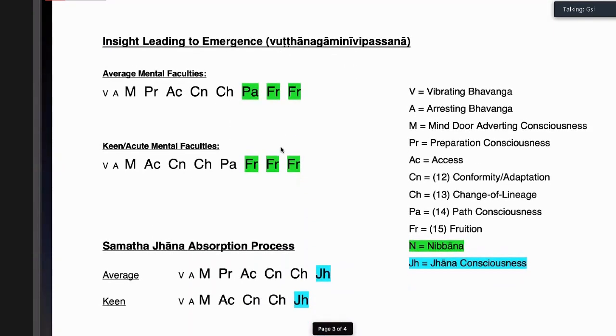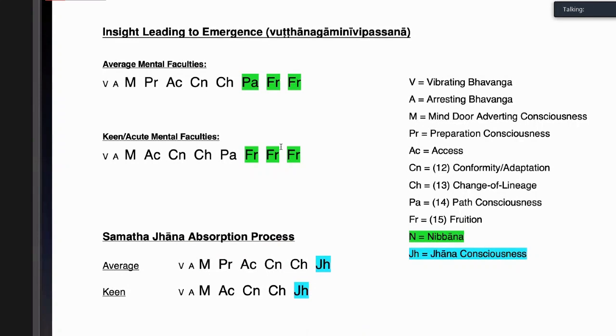Now, before we go, about one month ago maybe, I talked about when one enters into Nibbana, one has to go through a series of consciousness. Like when we talk about insight leading to emergence, there's a series of consciousness we have to go through. When you see anicca, dukkha, or anatta, it goes into vibrating bhavanga, then arresting bhavanga.